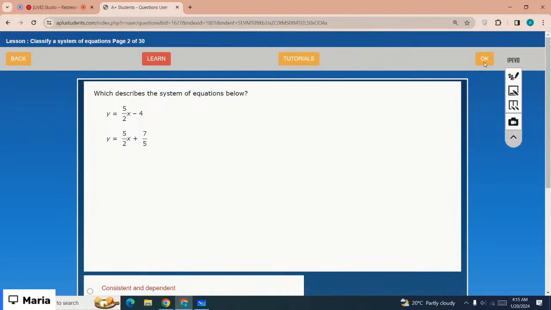The next one is which describes the system of equations below. y equals 5 by 2x minus 4 and y equals 5 by 2x plus 7 over 5.